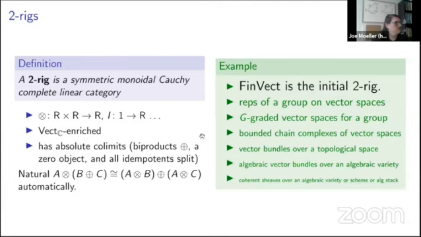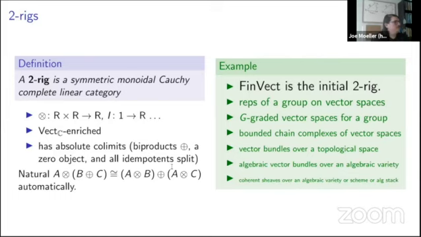So we're taking Vect-enriched categories and asking them to be Cauchy-complete, meaning that it has biproducts and a zero object and all idempotents split, and it's also got a tensor product, and distribution of the tensor product over direct sum is automatic, since any functor preserves absolute colimits.